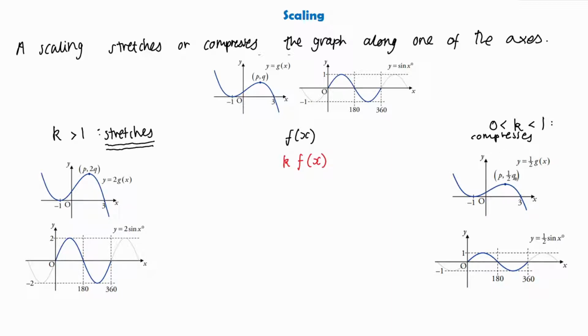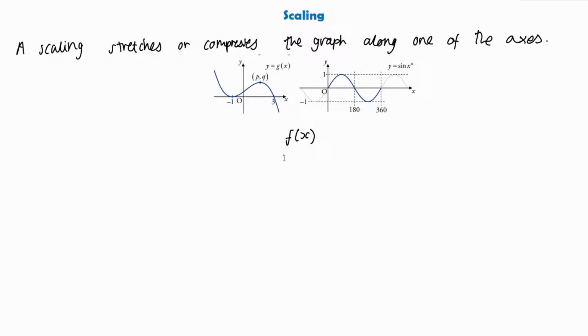So the value PQ now becomes P, whatever k is, Q. In our case, it's a half, so it's going to be P a half Q. We can see our graph getting skinnier, it's being compressed. And in this example, it's a half sine x, and it's looking like this pretty skinny graph of y equals a half sine x, where every y value is simply now a half of what it was before.